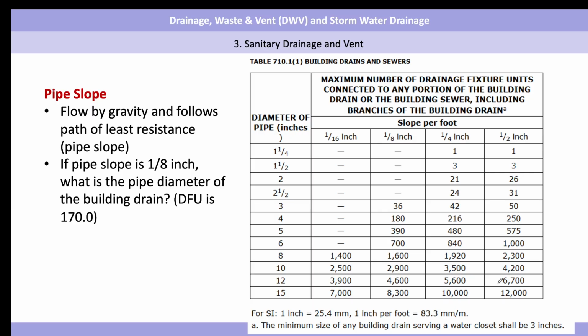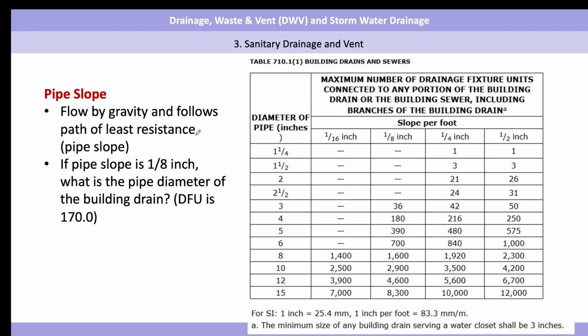What can we do? How to find the appropriate pipe size? So again, for the horizontal branch and the sewer main, we have to consider using a pipe slope to remove wastewater. So based on the designed pipe slope, we can find the appropriate diameter of the pipe. Flow by gravity and follow the path of least resistance.